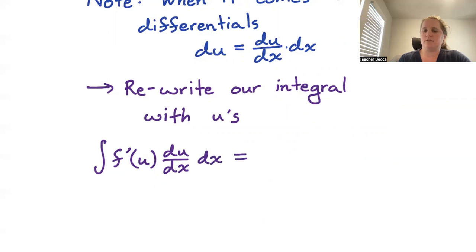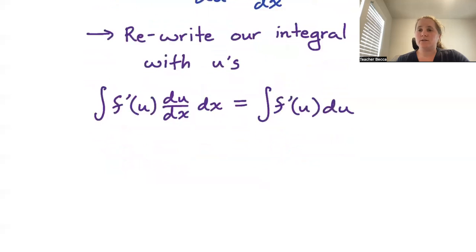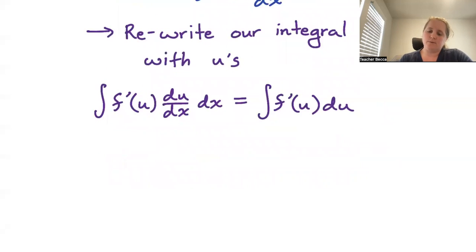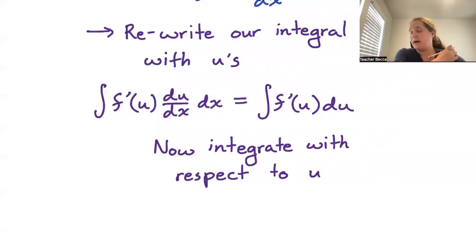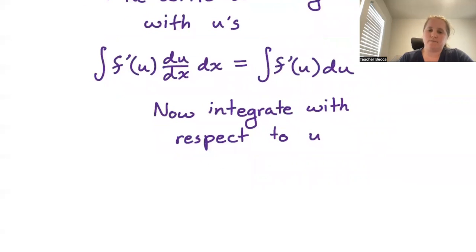This is equivalent to the integral of f prime of u du. At this point, we can just integrate with respect to u, and then switch back to x after the integration.